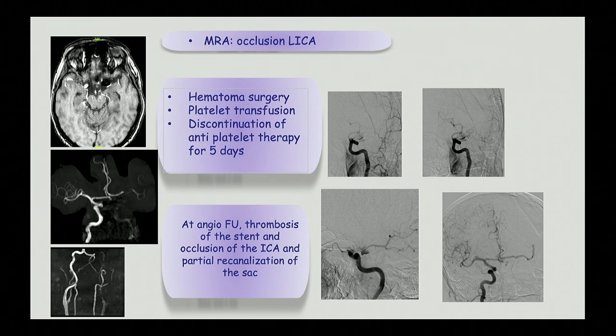And you see that in this case, part of the aneurysm is still open. So flow is coming to the left M1 from the right, and part of the aneurysm is still patent. But in this patient it was a bit difficult to do something because the patient was already hemiplegic, so we have to wait.